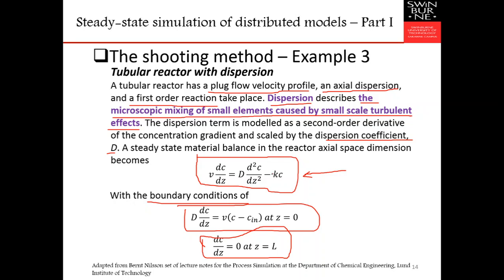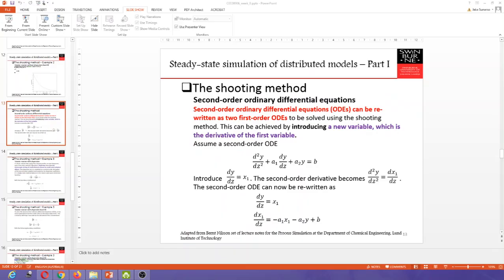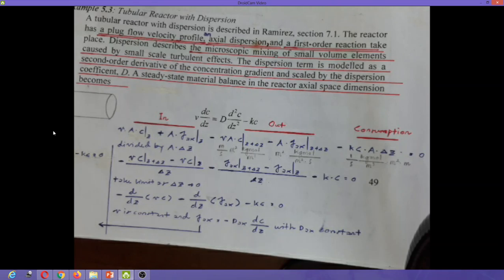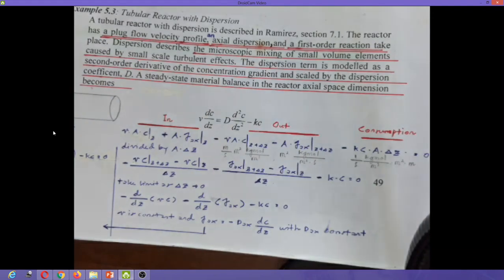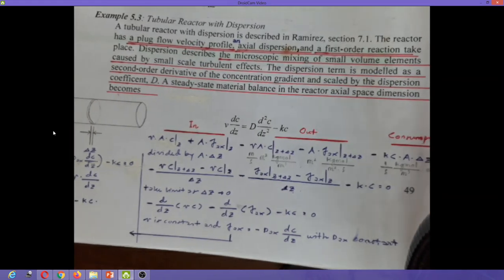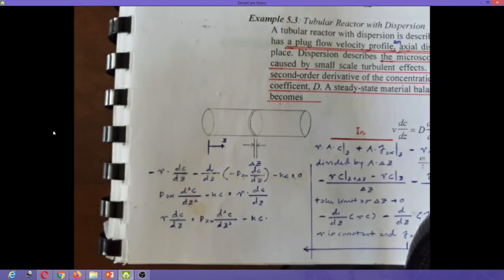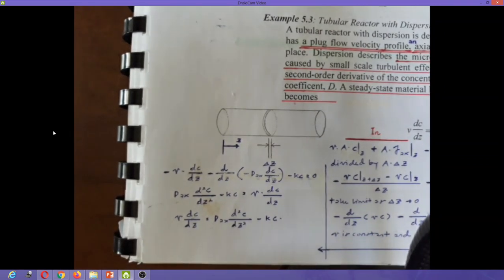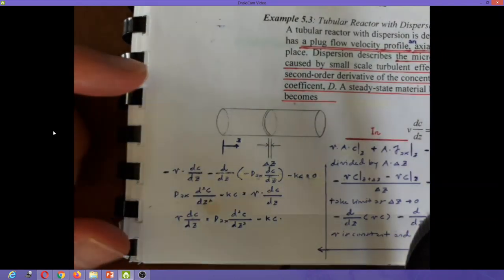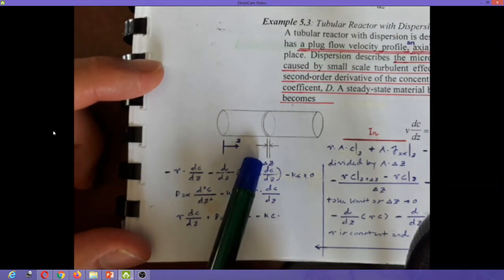So how do we derive this second-order ODE? I'll show you in my notes here. So let's say I have a tubular reactor with this geometry, where we take this point as 0, and then z is taken to start from the initial coordinate of the tube.